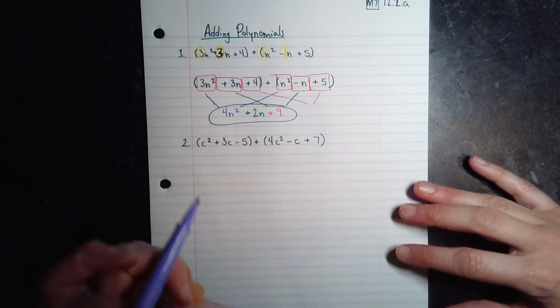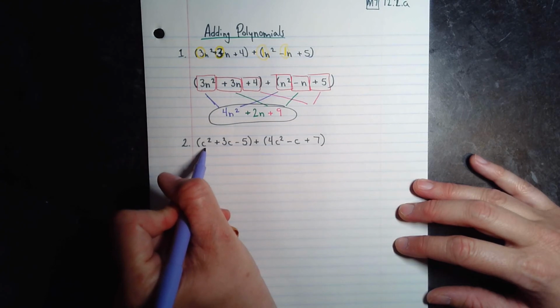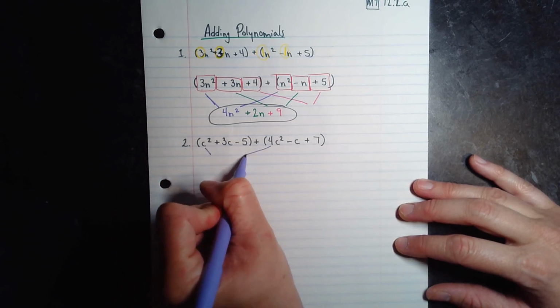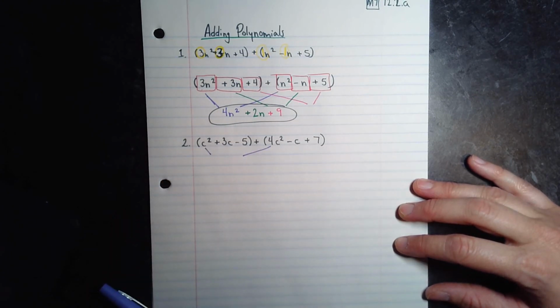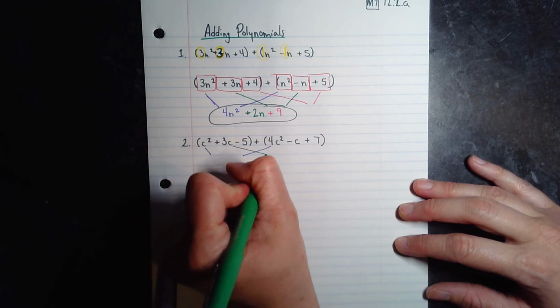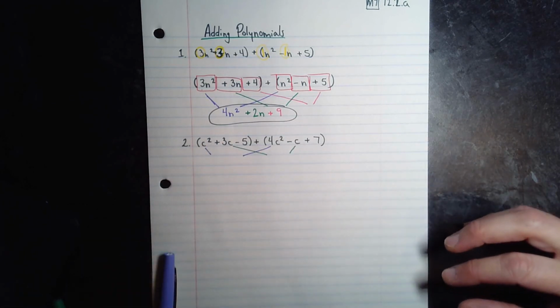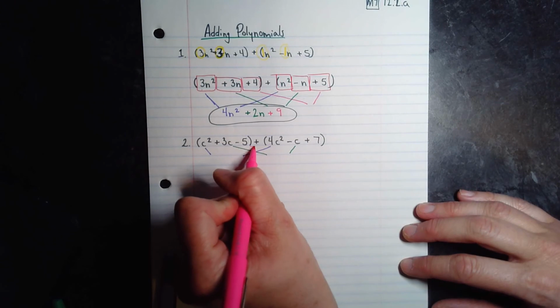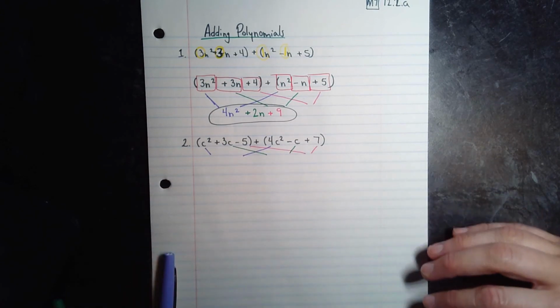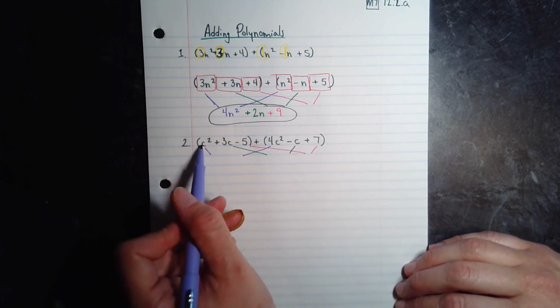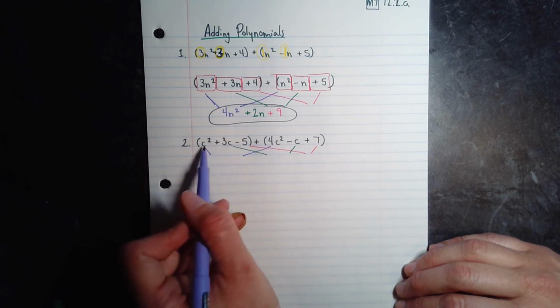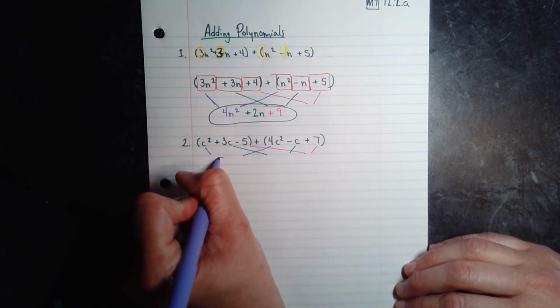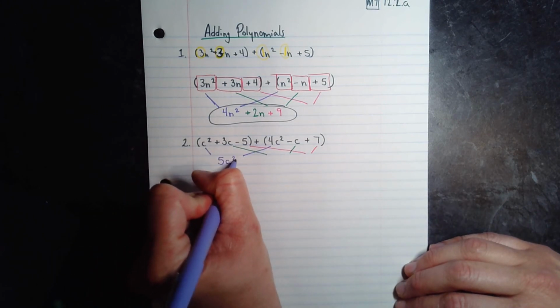All right, so again, I'm going to combine like terms. So I'm going to combine the squared terms, I'm going to combine the c's, and then I'm going to combine the constants. I didn't draw my arrows long enough. So starting with the squared, I have a positive c squared and a 4c squared. If I combine those together, I get a positive 5c squared.